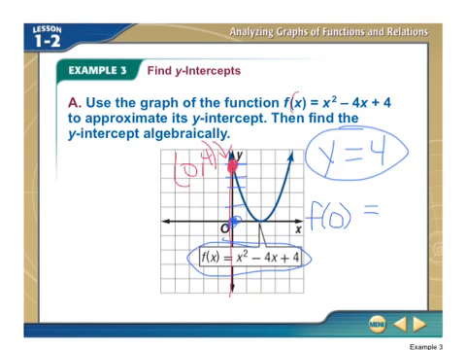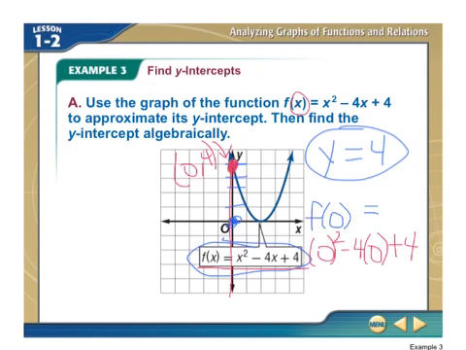So substituting in 0 for x, I would get 0 squared minus 4 times 0 plus 4. I'm just evaluating the function they gave us for x equals 0.